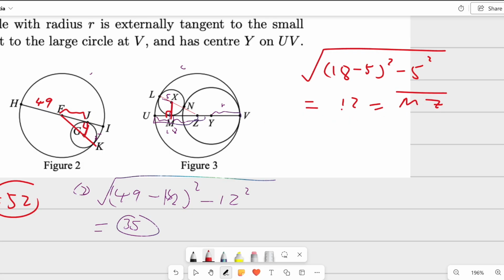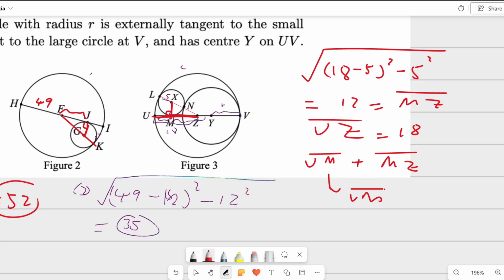Okay, so since UZ, this part, is equal to 18, and UZ is equal to UM plus MZ, this means UM is equal to 6.